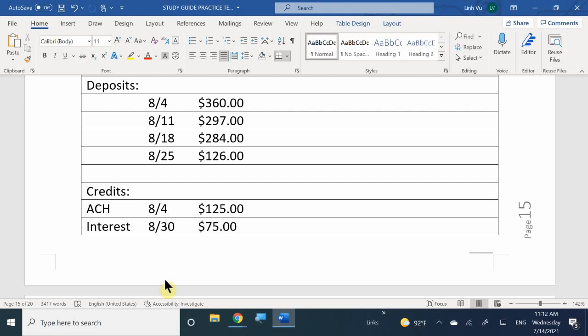The ACH is when you charge your customers additional. For example, if they don't use their bank card and they use a credit card, you can charge them an additional service fee for the convenience of a credit card. As we briefly discussed, you have to pay the credit card services to collect the money for you.